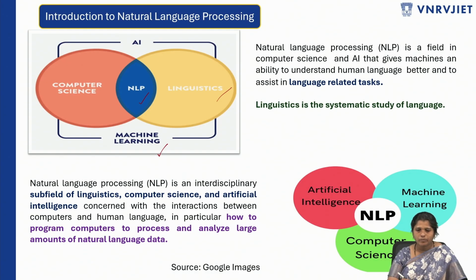To analyze textual data, whether it is in the form of audio or video, typed text, or handwritten text, for all that to be processed and analyzed, we go for NLP.